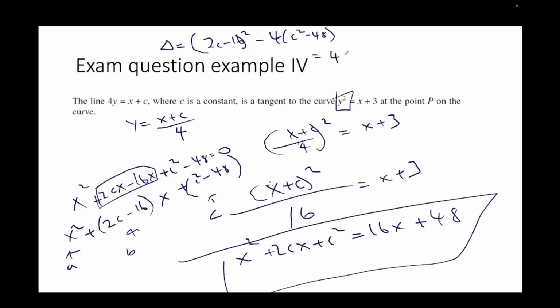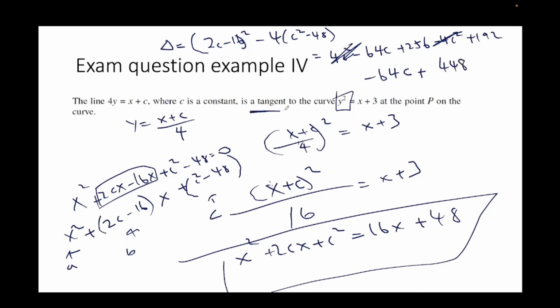Simplify that, you get 4c squared minus 64c plus 256, using 16 times 16, minus 4c squared. What's negative 4 times negative 48? You get 192. See that these can cancel out, so you get negative 64c plus 256 plus 192, which is 448.